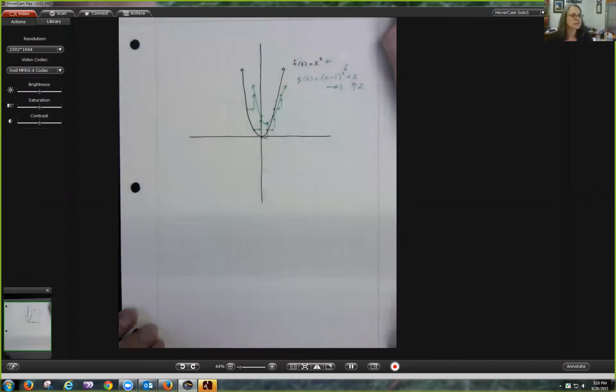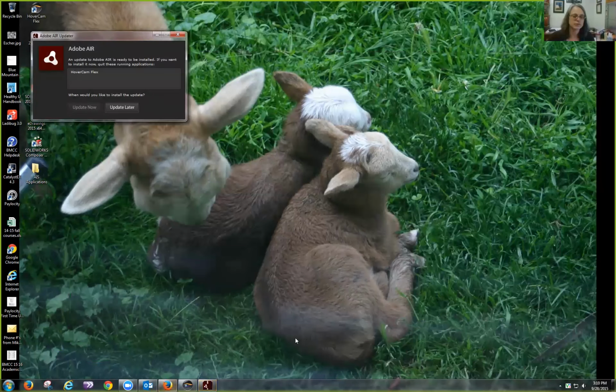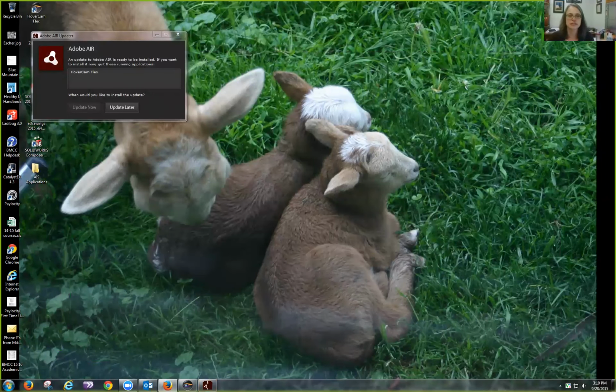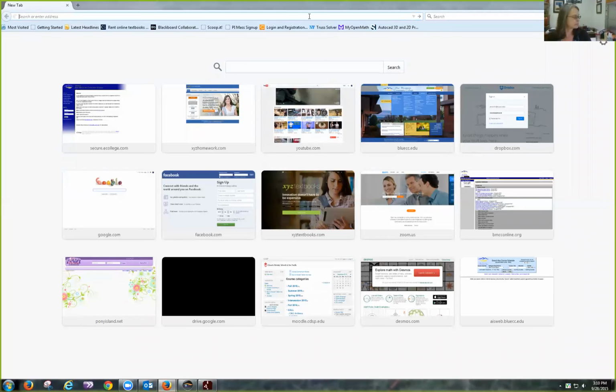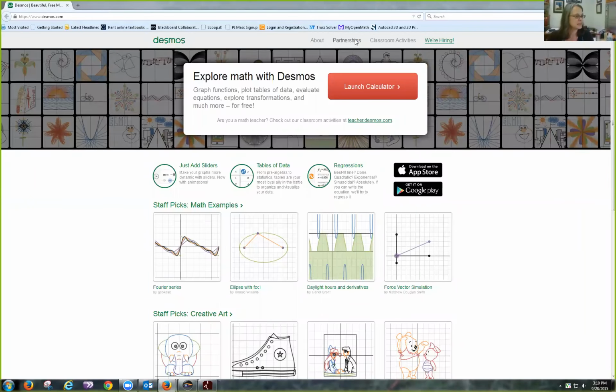Now I'm going to minimize my document camera, and we're going to take a look at Desmos for a minute, because Desmos is really good at this. Remember, Desmos is one of my favorite graphing utilities, and we're just going to launch our calculator.